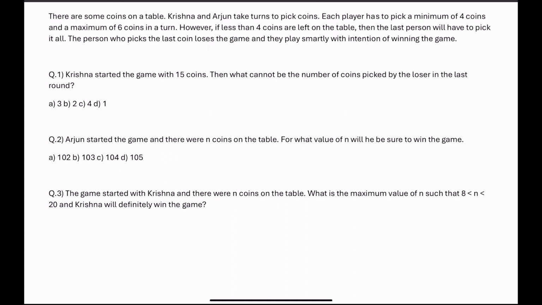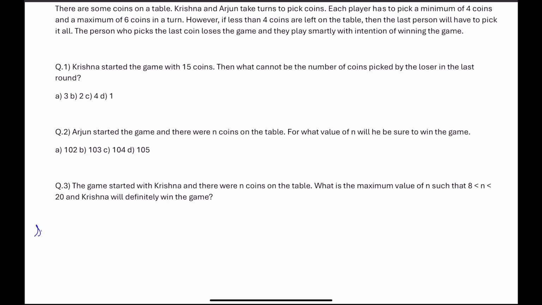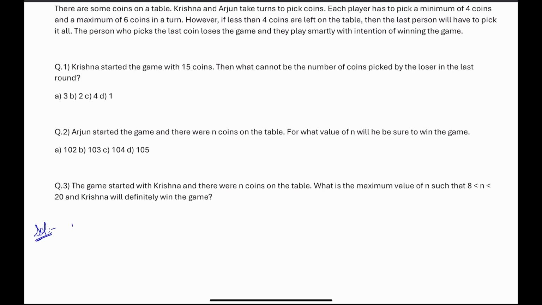Okay, let's read. There are some coins on the table. Krishna and Arjun take turns to pick coins. Solution of one: there are two players, Krishna and Arjun. Each player has to pick a minimum of 4 coins and a maximum of 6 coins in a turn.